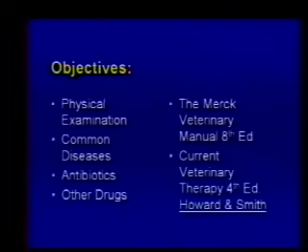I also would like to bring to your attention two textbooks which I feel will complement this lecture very nicely. They are the Merck Veterinary Manual of the 8th edition and Current Veterinary Therapy, 4th edition by Howard and Smith.